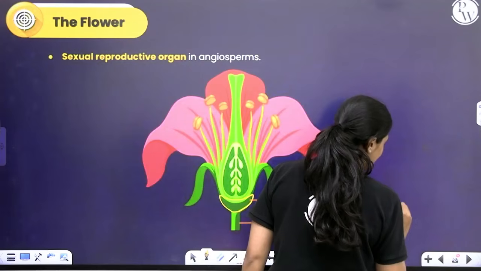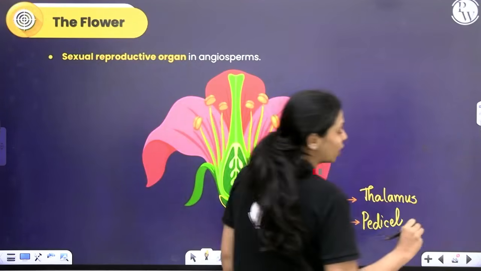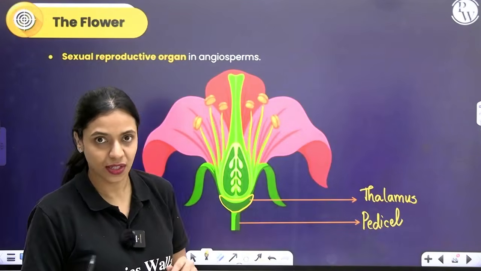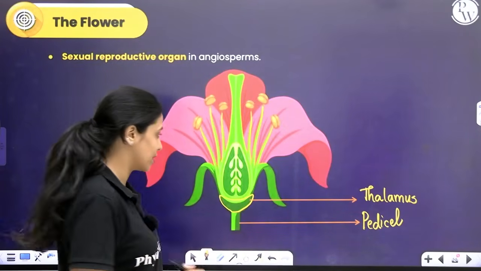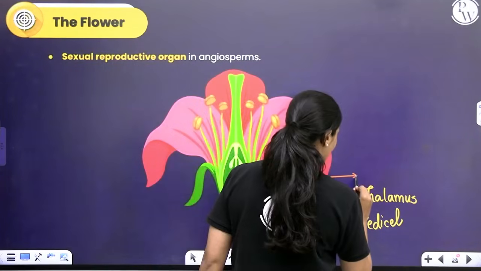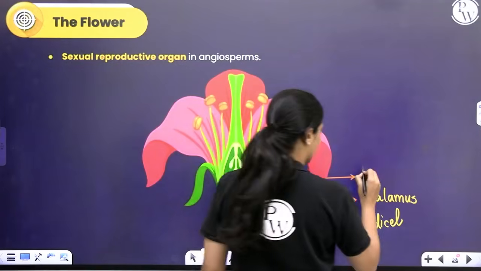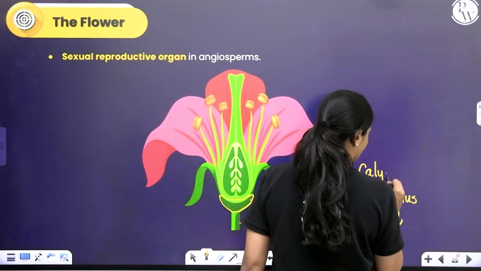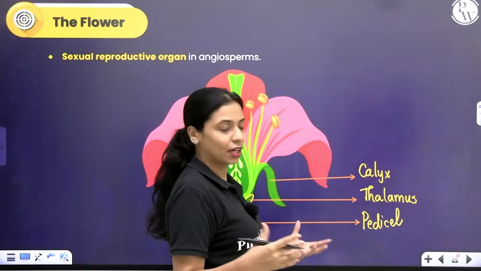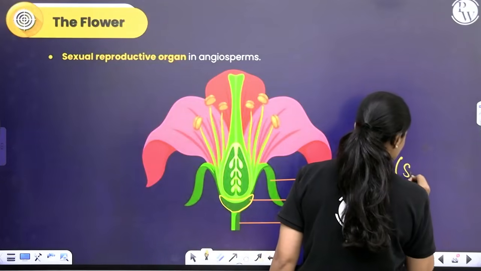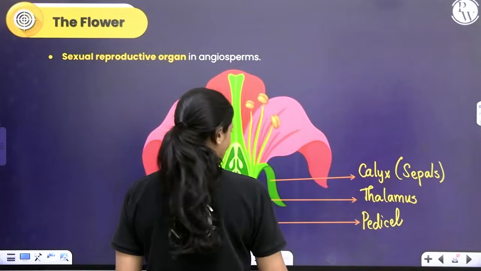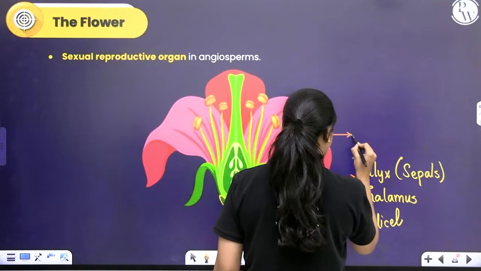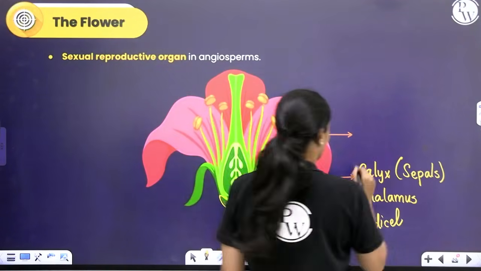On the thalamus, floral parts are arranged in the form of concentric circles. We call them whorls. The outermost whorl or the outermost concentric circle is made up of calyx. Calyx is the collective term that we use to refer to all the sepals. That is usually green in color, very small leaf-like, and it protects the flower in the bud condition.